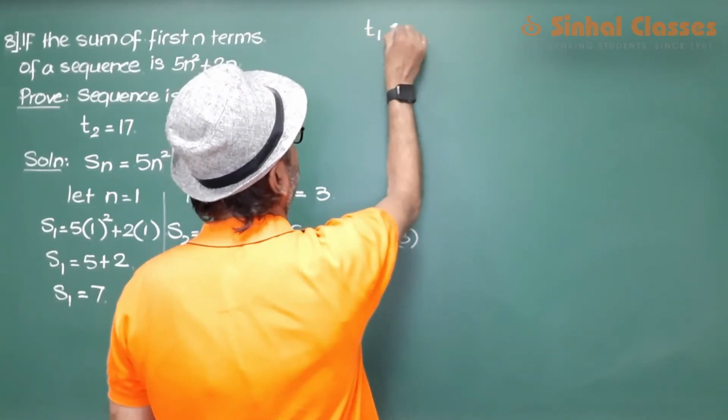Therefore, S dash n is 29750. So this is the second value that we have got.